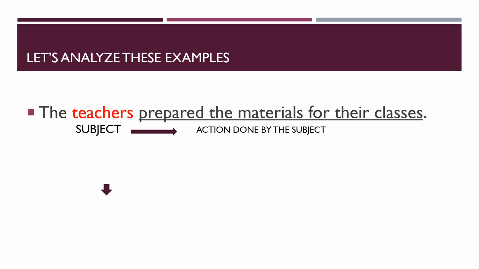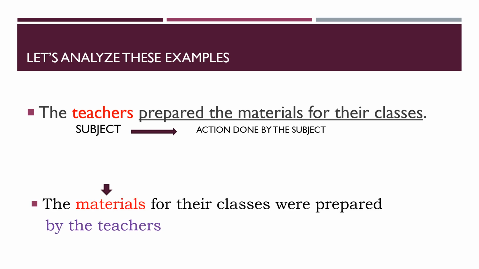Naghanda ng mga materyales para sa kanilang klase. The materials for their classes were prepared by the teachers. The word materials, which is found at the predicate in the first sentence, becomes the subject in the second sentence, but receive the action done by the teacher.